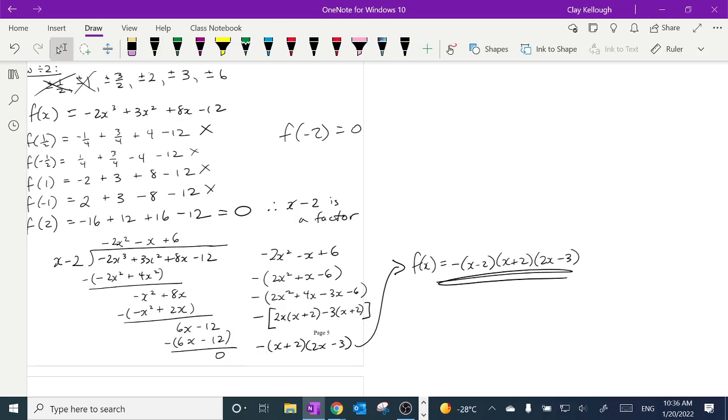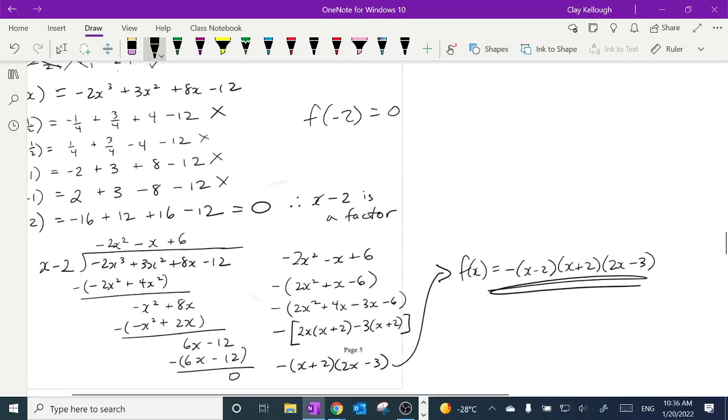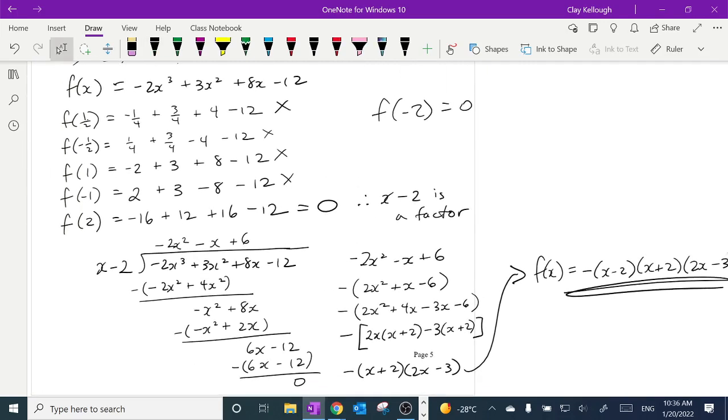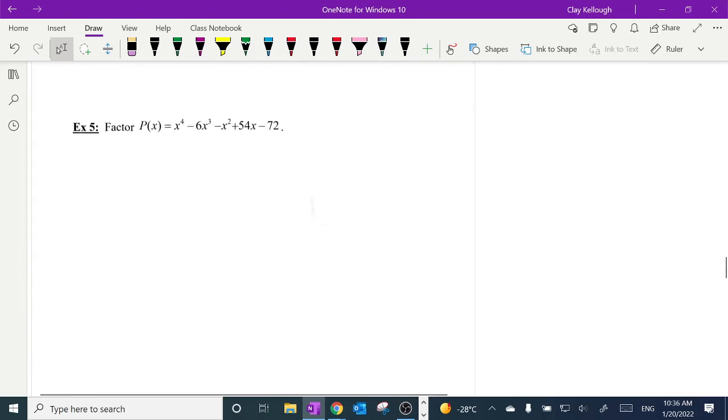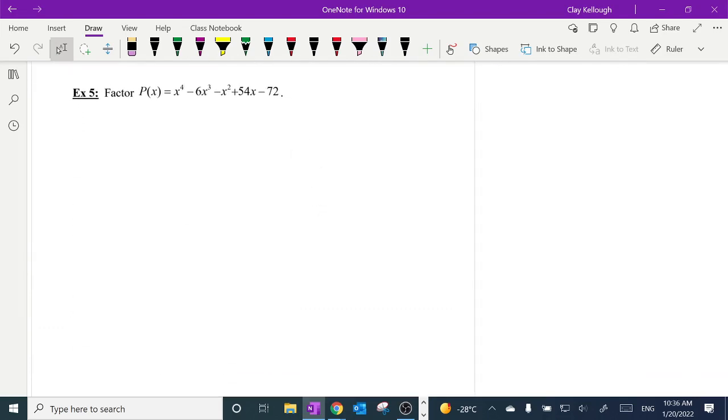That didn't. Both of these would have. One of those would have worked. Which one? Positive 3/2 would have worked. But then I would have had to have actually long divided with it. Blech. That would have been hard. So there we go. That's the factor theorem.